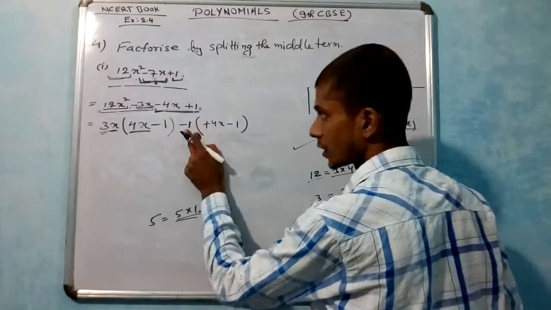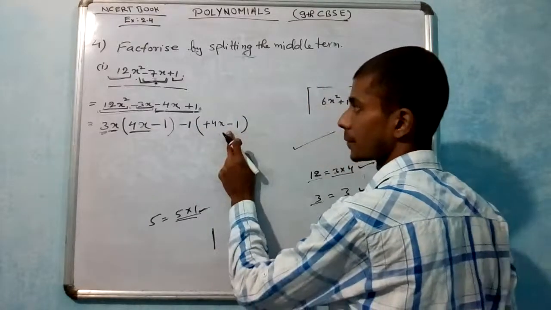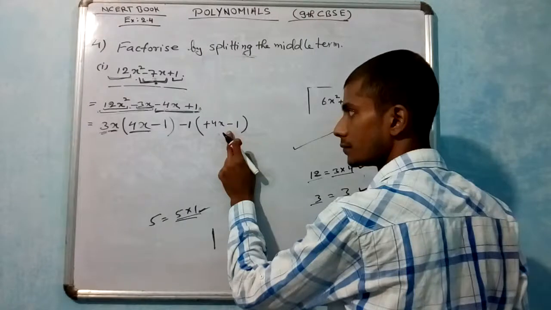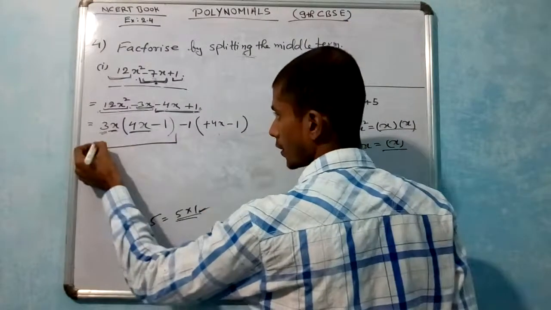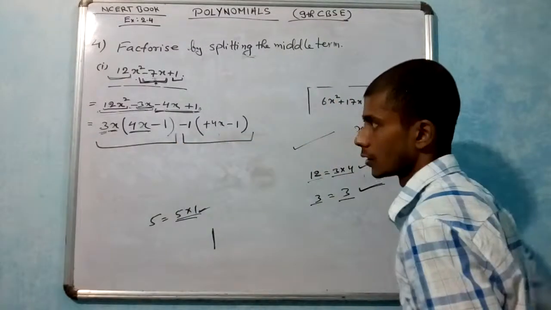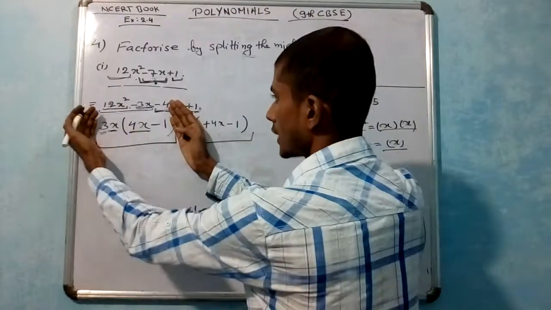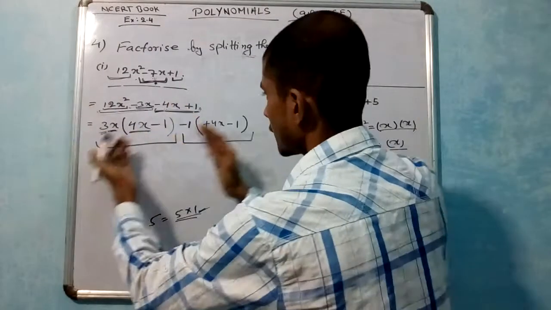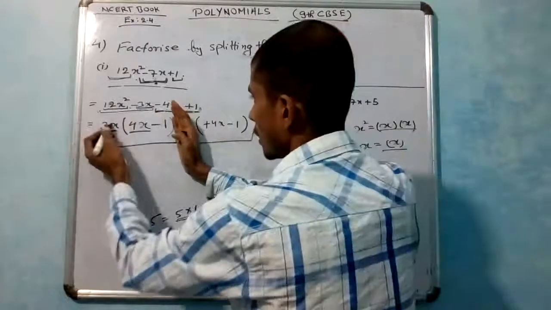Again, we are taking something outside as common and letting the other things inside the bracket. Got this? Now, if we see here, again we are having two terms. This is a complete one term, 3x into 4x minus 1 as a whole one term. And this minus 1 into, sorry, here two terms, 3x and this.